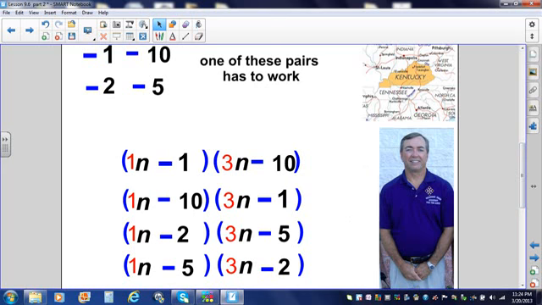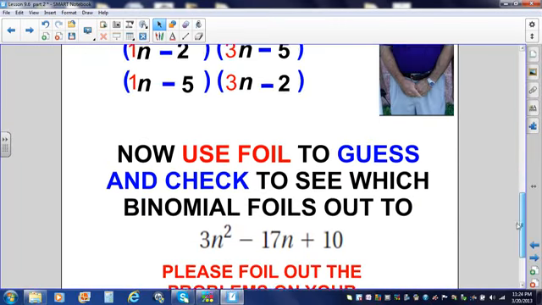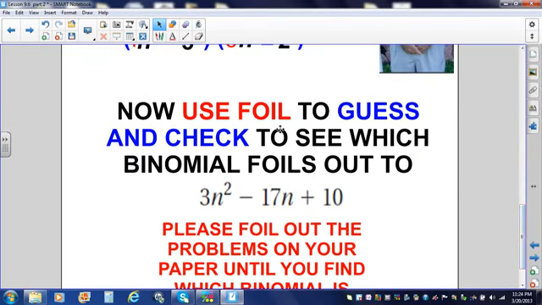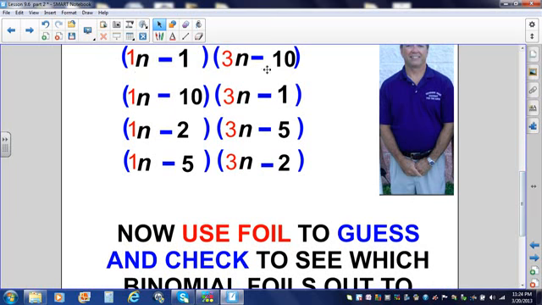So, you should write down all of these possibilities on your paper, because one of them will work. Now, you're going to use FOIL to guess and check to see which of these works.